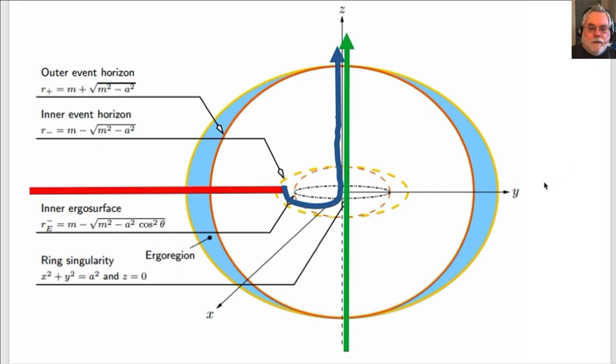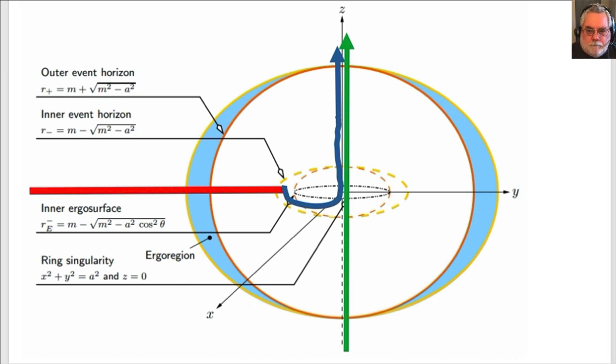Now, switching back to the YZ plane, we'll simplify the transfer orbit as just this red line, because we're going to ignore the angle in the XY plane. So we were at some orbit here, and we transferred a curving transfer orbit, and we got ourselves inside the inner event horizon, and into an unstable circular orbit inside the inner event horizon.